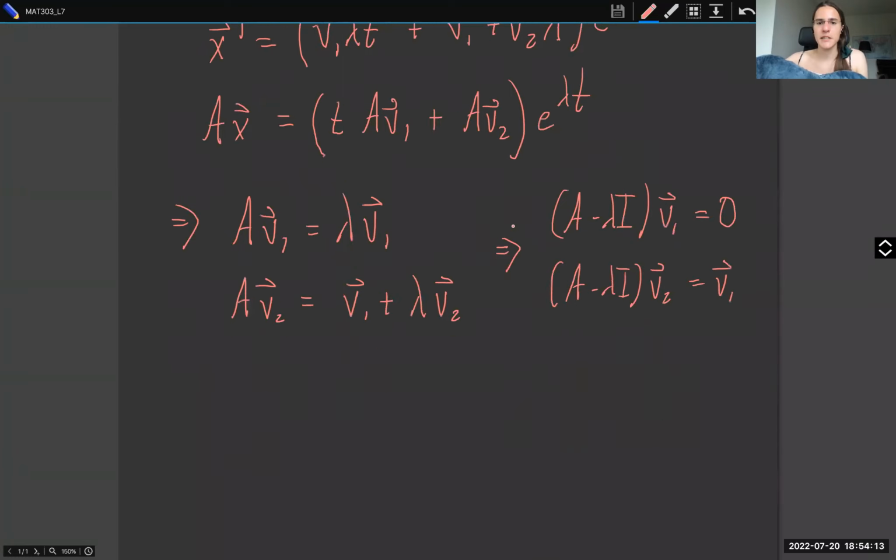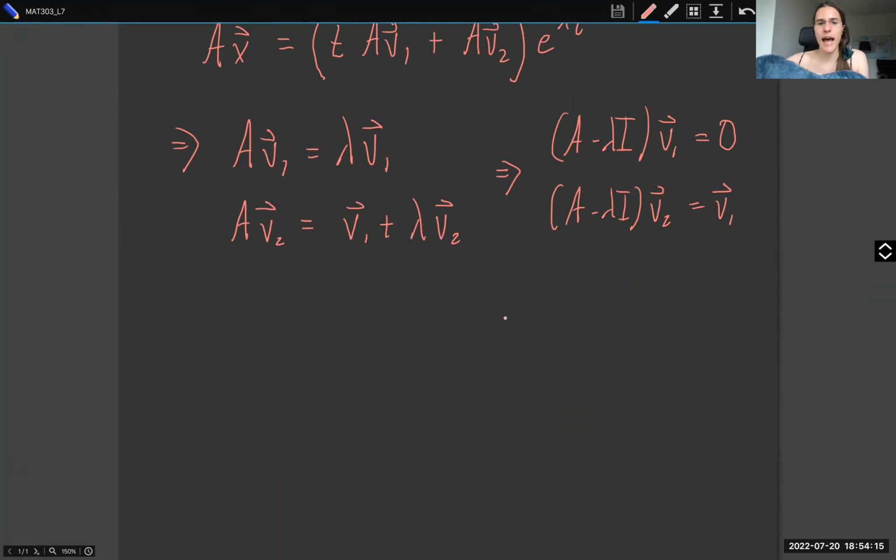So what does this mean? What this means is that v1 is an actual eigenvector, so it gets sent to zero by A minus lambda I.